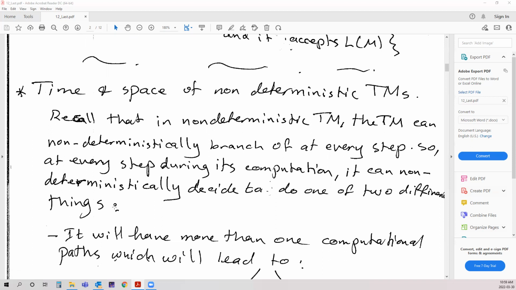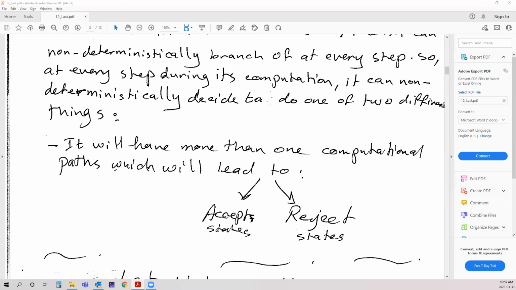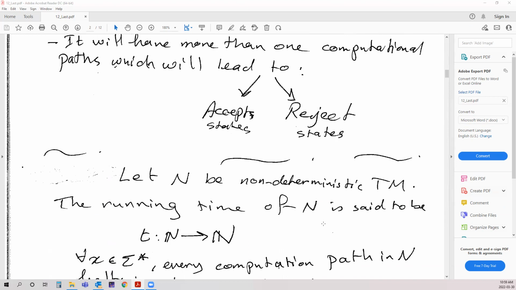It will run those paths at the same time in parallel. It will have more than one computational path which will lead to either an accept state or a reject state. We are looking for a path that will lead us to the accept state or to the reject state. That means it decides on that path.